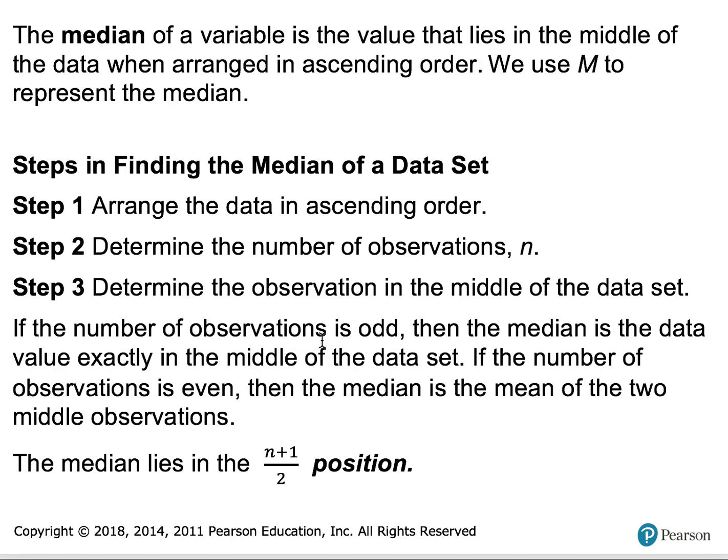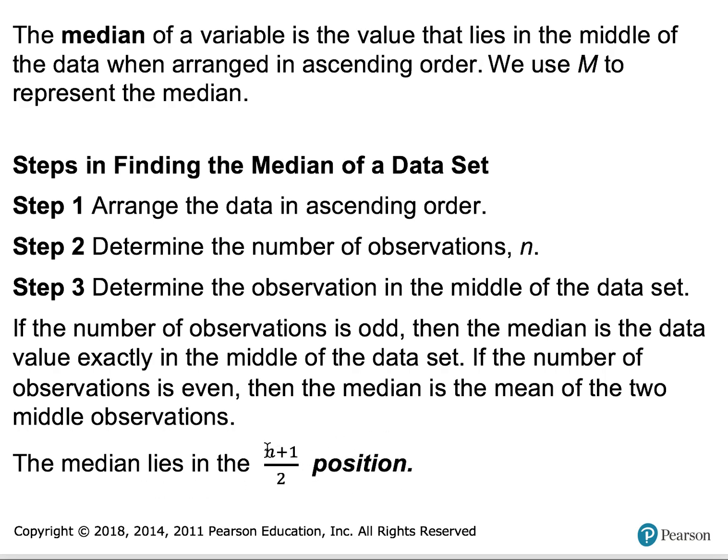If the number of observations is odd, then the median is the data value exactly in the middle. But if the number of observations is even, you're not going to have one value directly in the middle. You're going to have two in the middle, and you take the mean of those two observations. So you can find the position of the median.